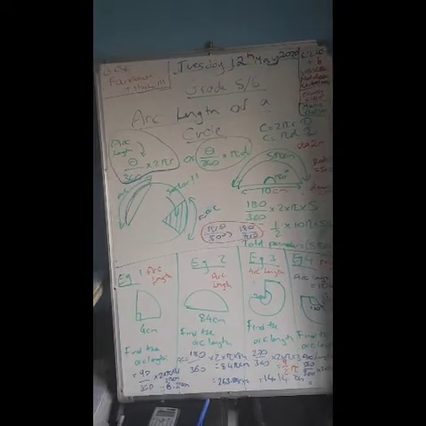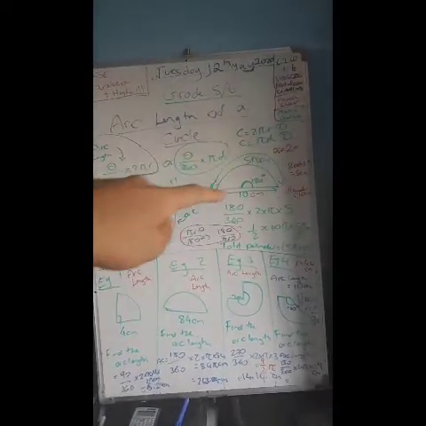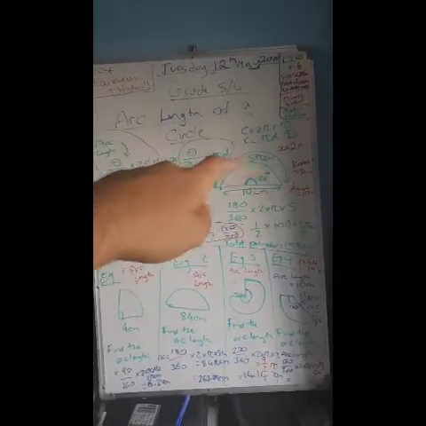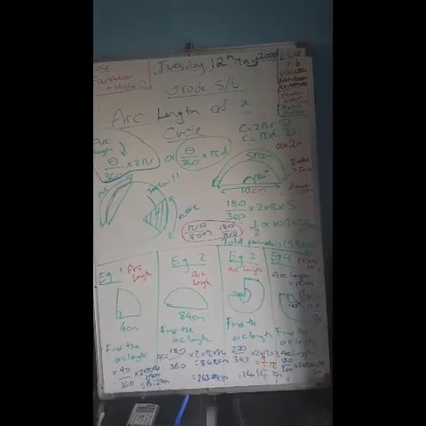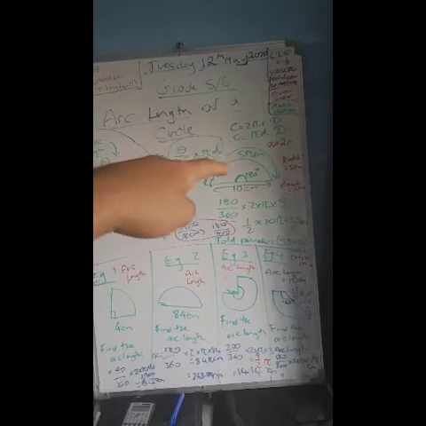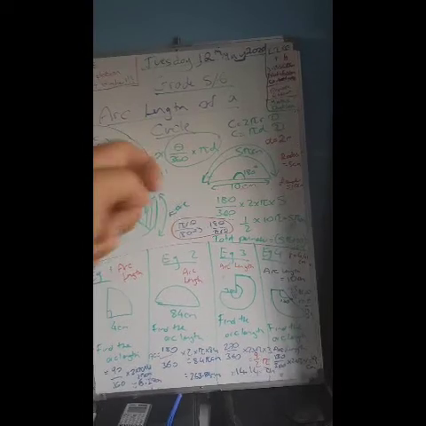What we've got here, guys, is one I've made up. I've got a semicircle here. A semicircle means I'm going to have 180 degrees there. I'm told that the diameter is 10 centimeters, and I want to work out this bit here. Ignore the 5 pi, because that would be my answer, but I will show you how I got 5 pi.